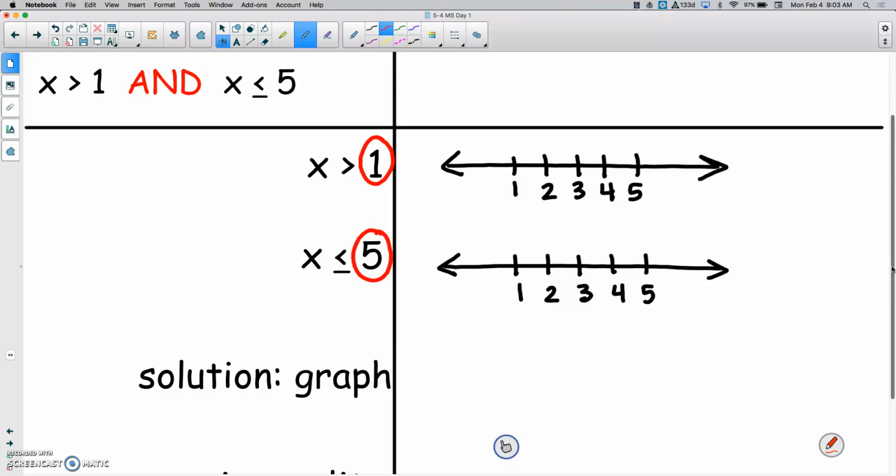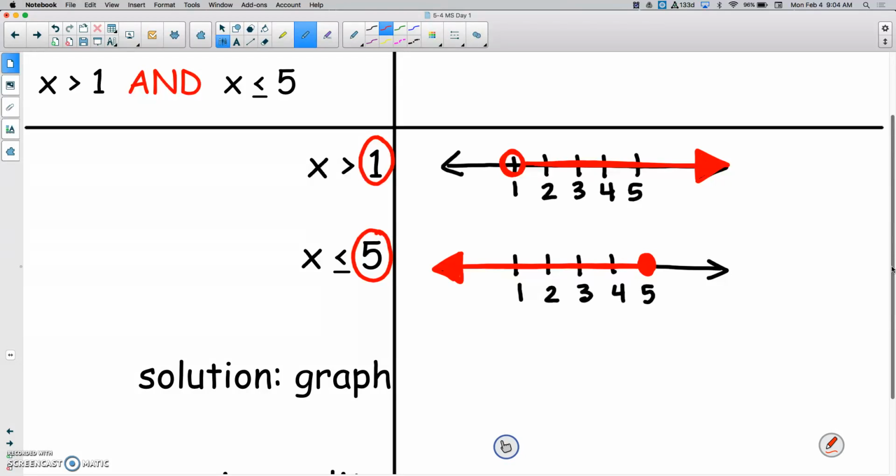So my first inequality, x is greater than 1, would be an open circle with a ray pointing to the right where numbers are greater. My second one is x is less than or equal to 5, so that will be a closed circle to the left where numbers are smaller.